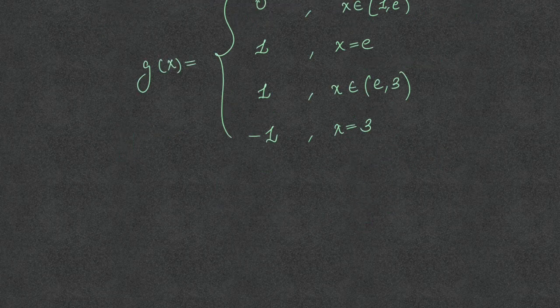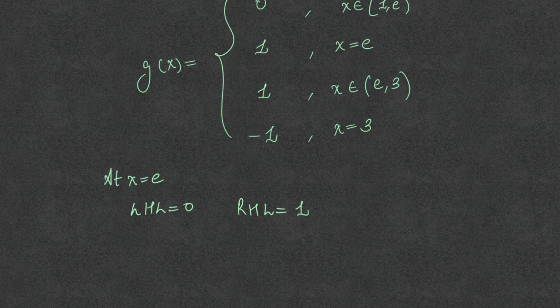Now let's check the continuity where the interval changes. We can see at e the interval changes, and also at 3 the interval changes. At x equal to e, the left hand limit is equal to 0, because for the left hand limit the interval is this and the function becomes 0, and the right hand limit becomes 1, because for the right hand limit the interval is this and the answer is 1.